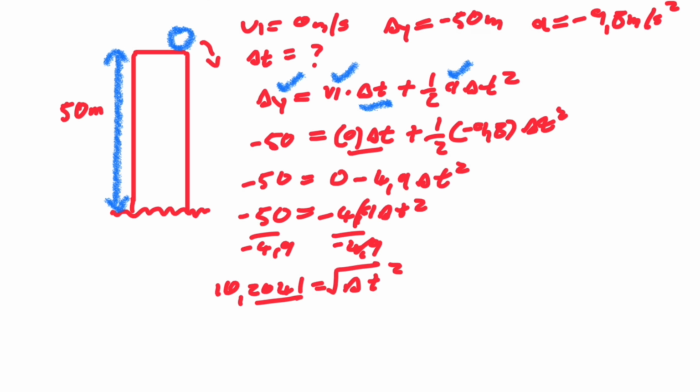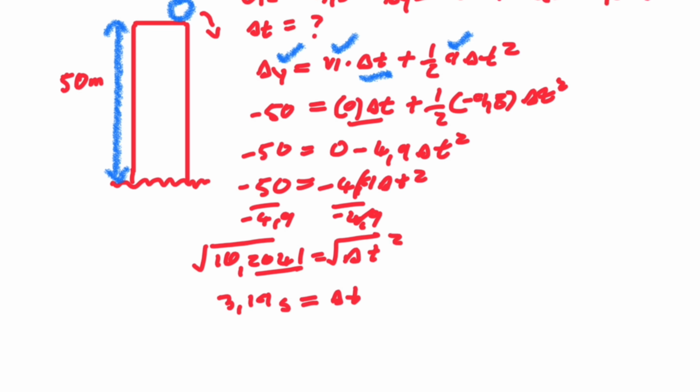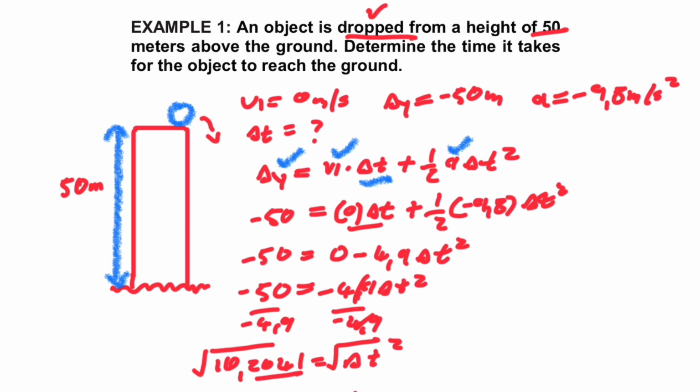And then now we can take square roots on both sides. If I do that, I get 3.19 seconds equals delta t. So it will take this object 3.19 seconds to strike the ground or to reach the ground.